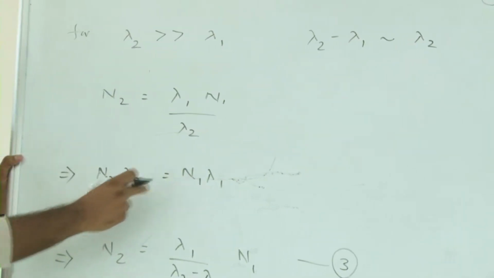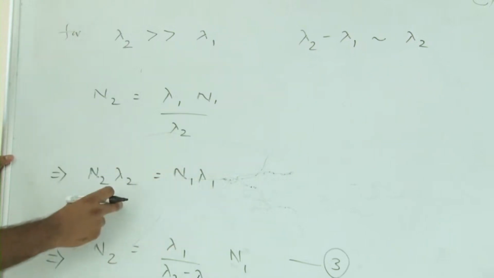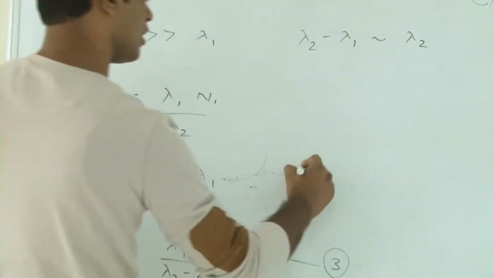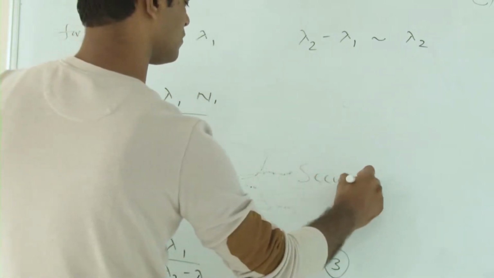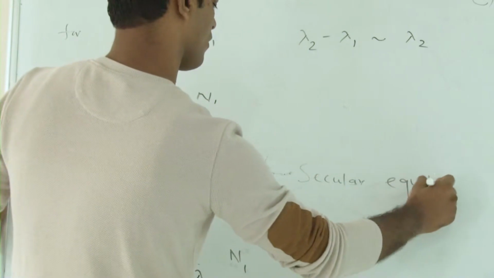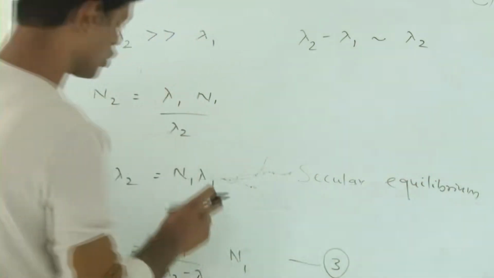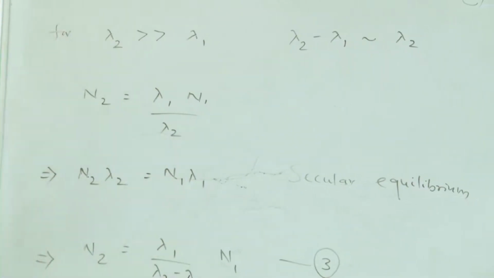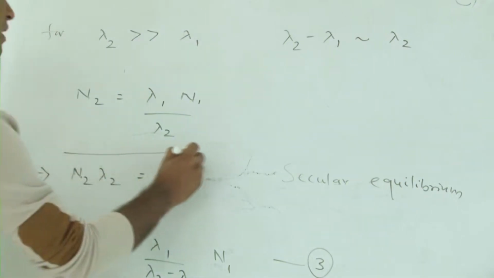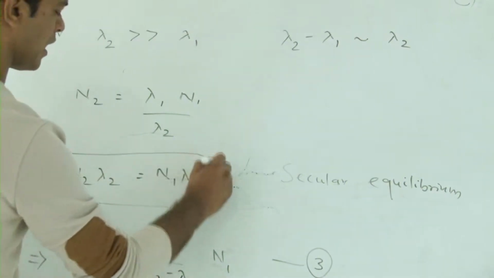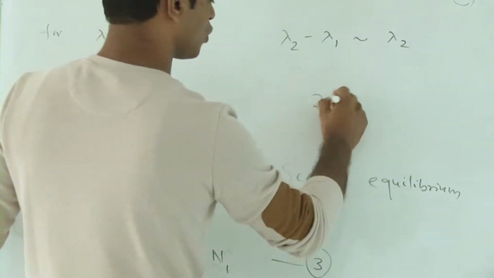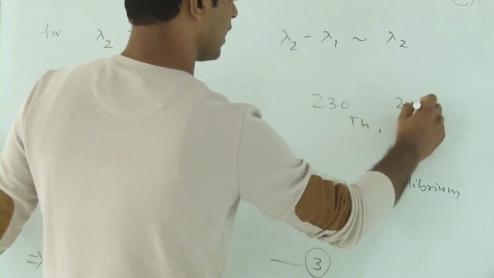The activity for the daughter nuclide and for the parent nuclide are the same at a given point of time, and this is a very peculiar equilibrium situation which is called secular equilibrium, where both the activity of your parent nuclide and the daughter nuclide are the same. This has a huge implication when we discuss dating schemes involving some of the short-lived radionuclides or chains of radioactive decay schemes like 230 thorium or 210 lead.